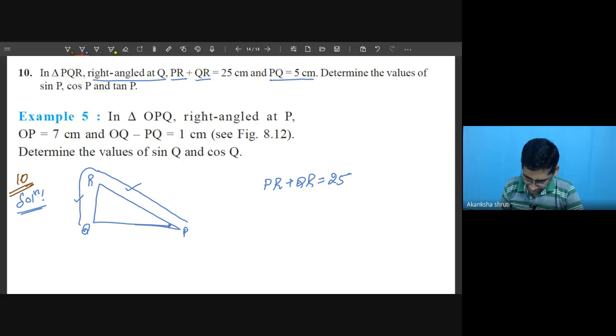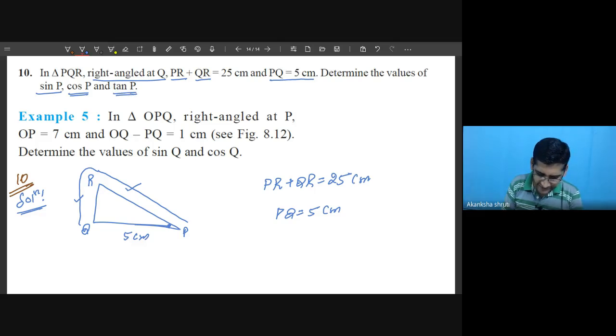And PQ is 5 centimeter. Students, we are given one side and the sum of the other two sides. For any trigonometrical ratio for the angle P, we need to calculate all three sides.